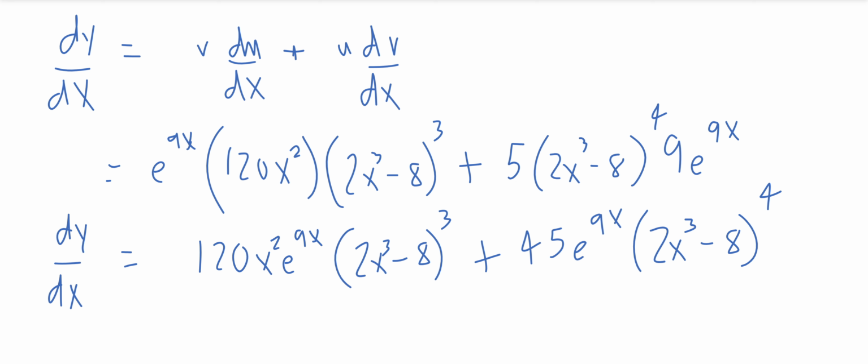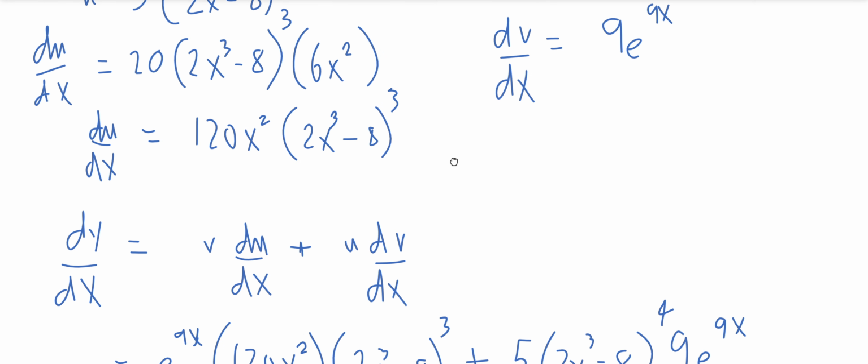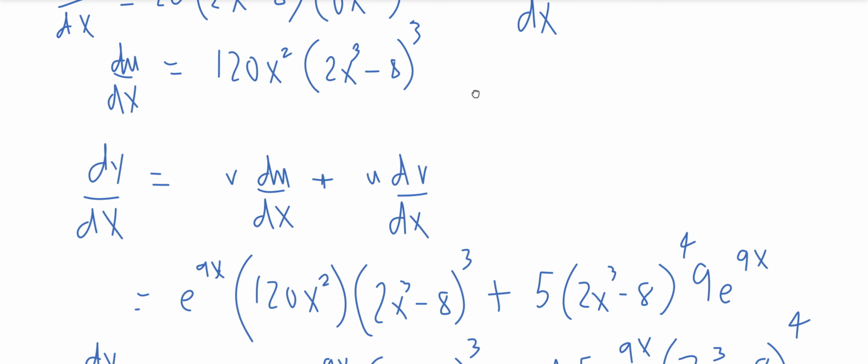So there we have it. That's a combination of product rule and chain rule, but greatly simplified because we're using the chain rule shortcut instead of the long form version of the chain rule.